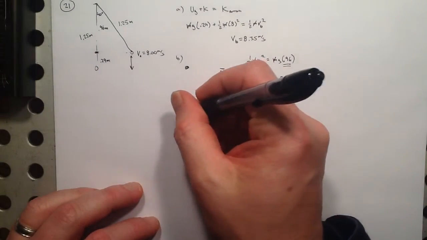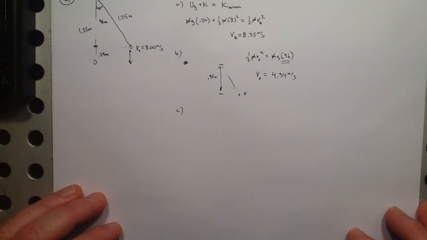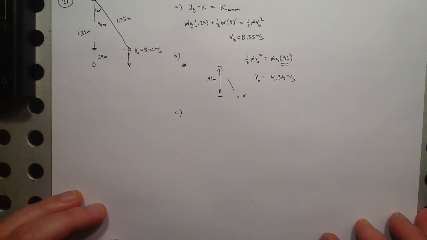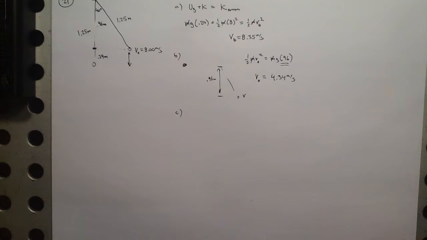And part C. Now we want it to make it to a vertical position with the cord remaining straight. So that means the tension would just, it's kind of like the loop problem. That means the tension is just barely going to back off to 0 at that point.